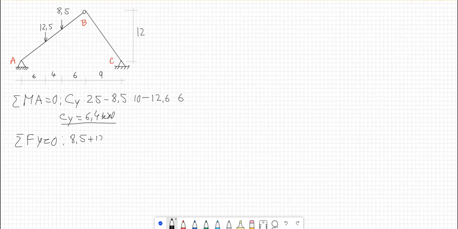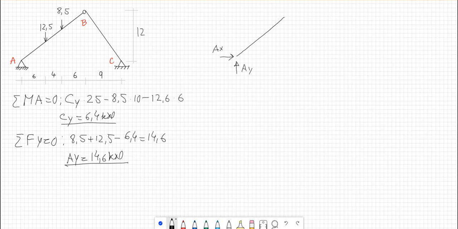By force equilibrium, we can find the AY at point A, which is 14.6. To find the horizontal reactions, we can isolate the beam AB.